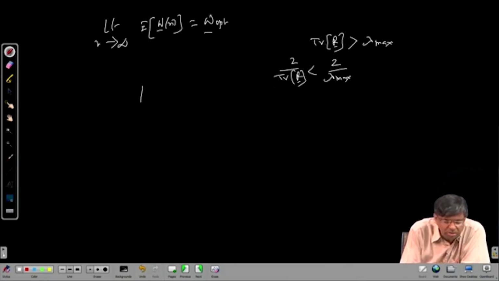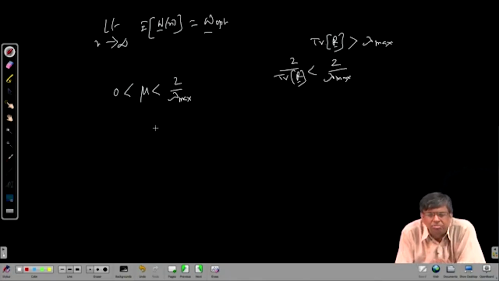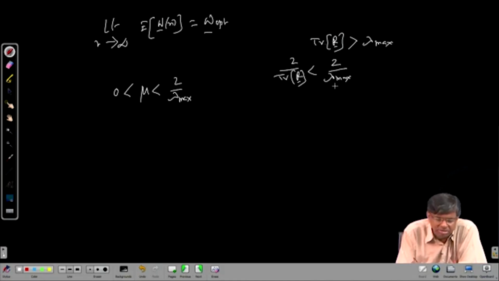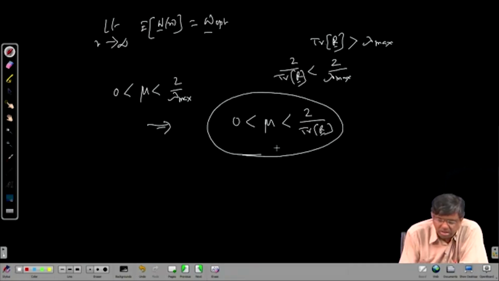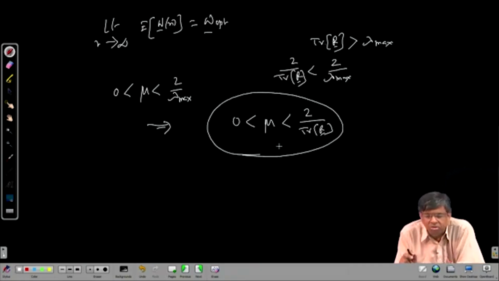So if our condition was 2 by lambda max, but finding eigenvalues and all that is cumbersome in practice. Trace of R is very easy, the summation of the diagonal elements, no computation of eigenvalues. So if mu is less than 2 by trace R, mu is automatically less than 2 by lambda max. That is why we modify it to mu less than 2 by trace R. If this happens, it will always converge in mean.